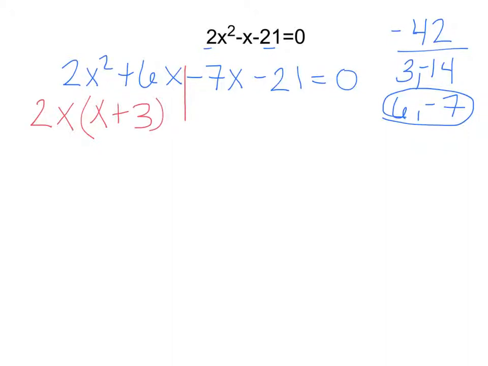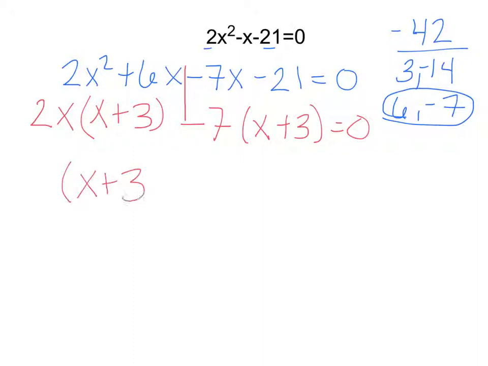Now over here, I have 7 and 21. I know that they both have a 7. They're both negative, so I can take out a negative 7, and I get x plus 3. Now you know you did it right when these two are the same, okay? So your two parentheses should be the same. If they're not, that means that we did something wrong. But they are, so that's x plus 3 goes here.